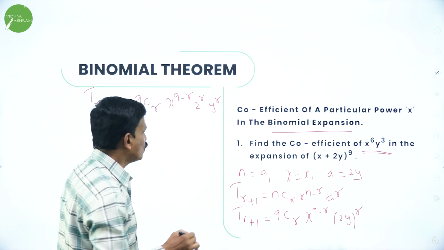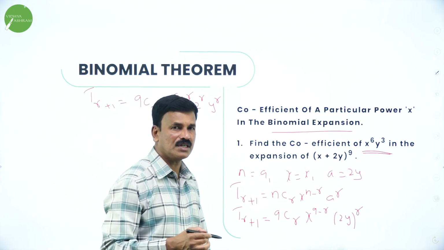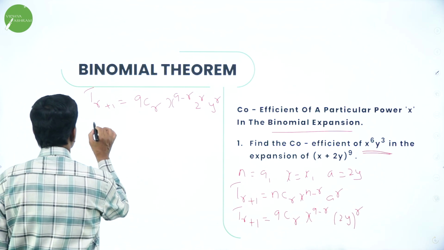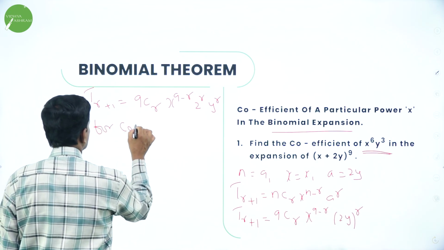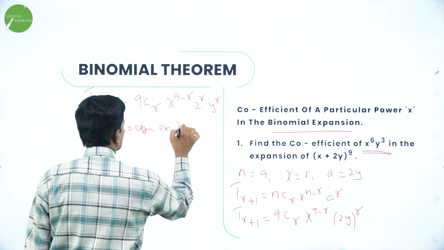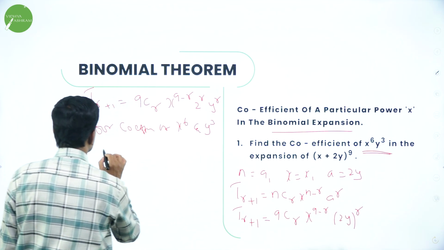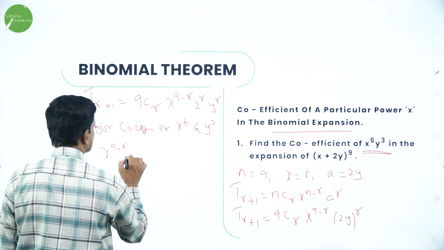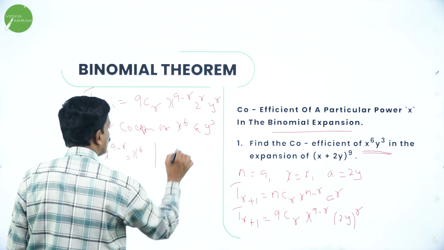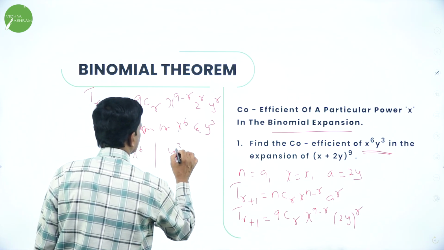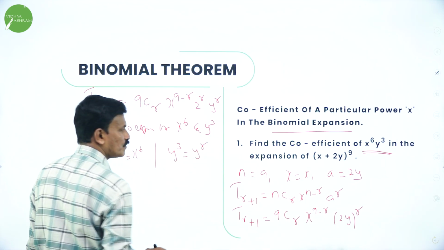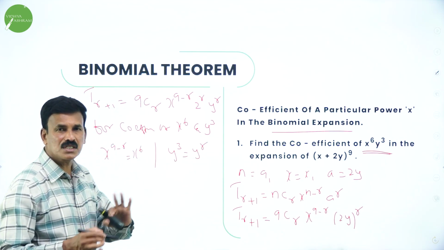Now to find the coefficient of x raised to 6 and y raised to 3, equate for the coefficient of x power 6 and y power 3. x to the power of 9 minus r is equal to x power 6, and y to the power of 3 is equal to y to the power of r. Just equate the powers of x and y.